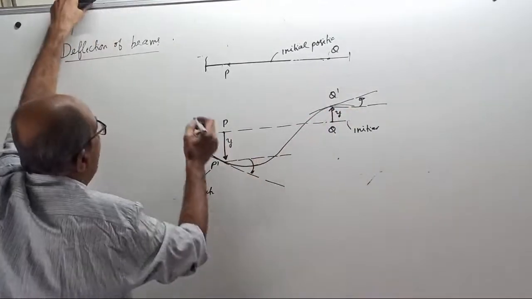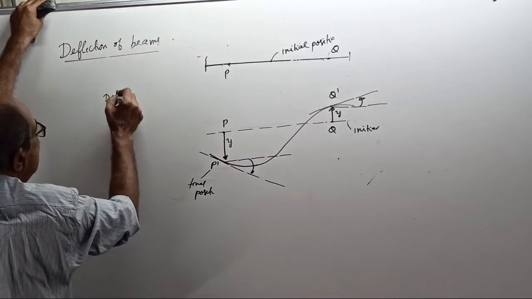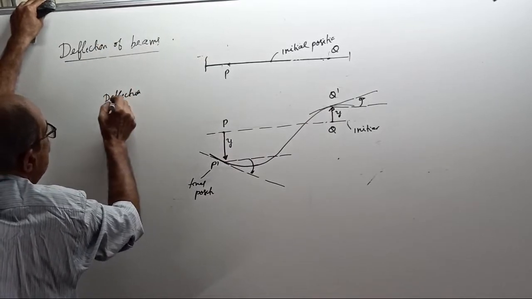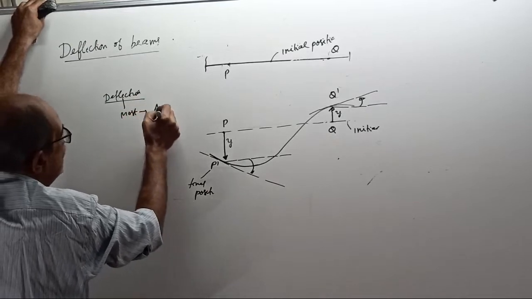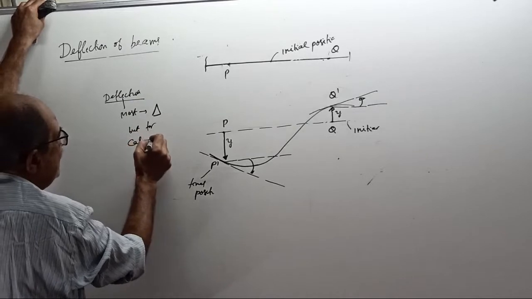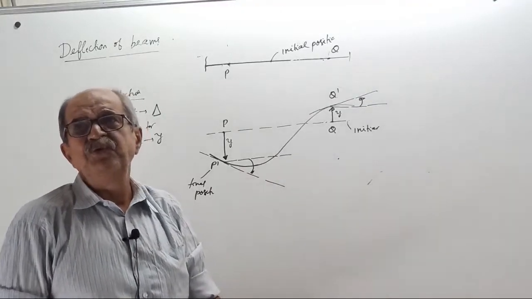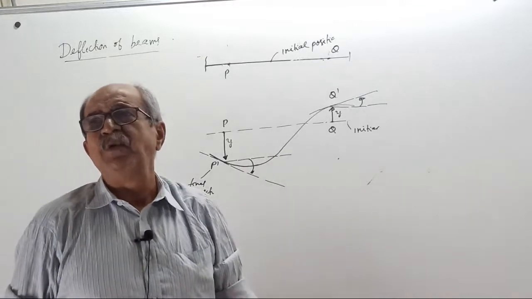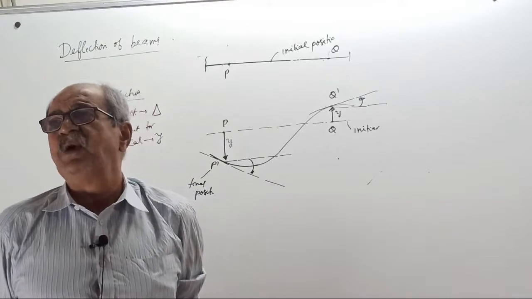Deflection is most popularly called delta, but for calculation it is y. Later you can put delta, but d square y by dx square will come, and if you write delta, you would write d square delta.